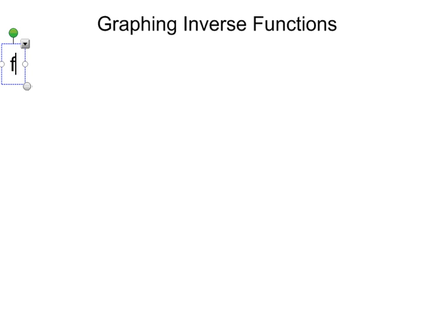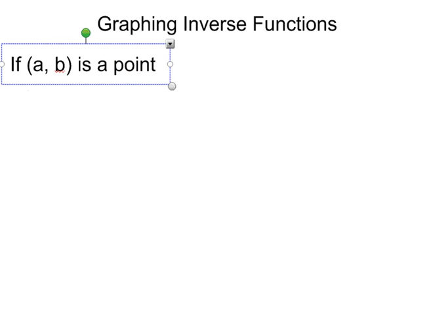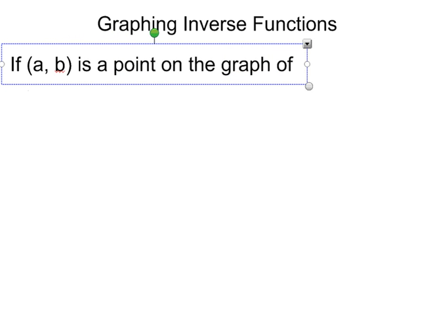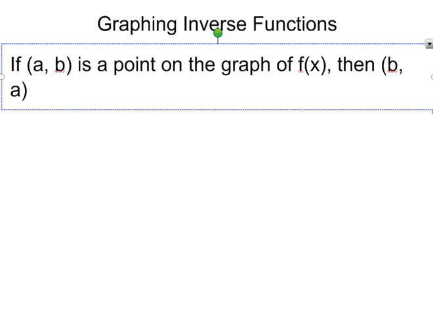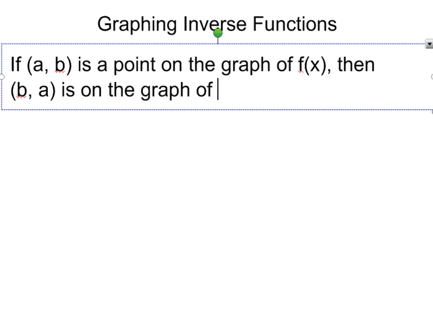So if the point A, B is a point on the graph of f of x, then the point B, A is on the graph of the inverse of f of x.